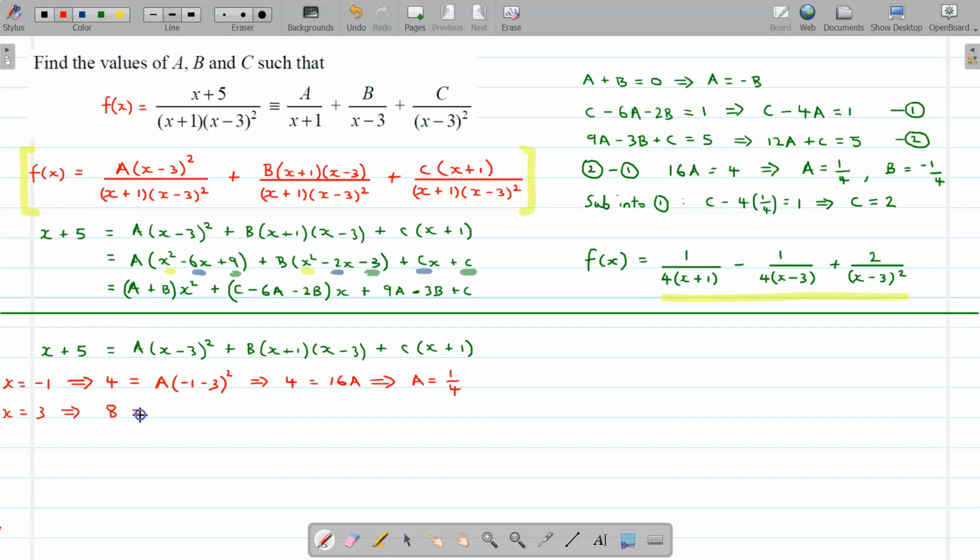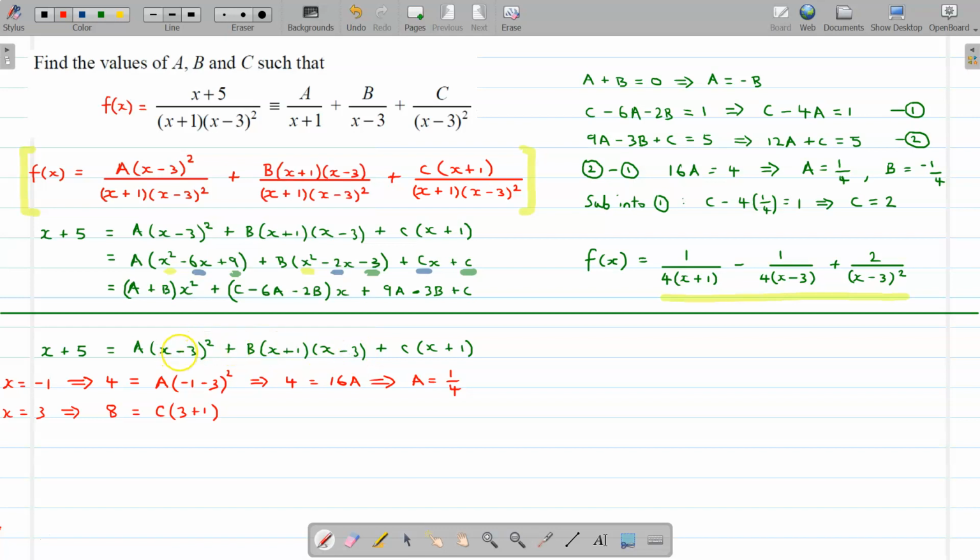And 8 would equal, now this bracket is 0, this one is 0, so it would give you c times 3 plus 1, because both of these brackets would be 0.